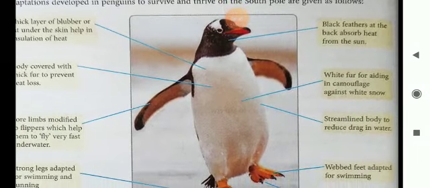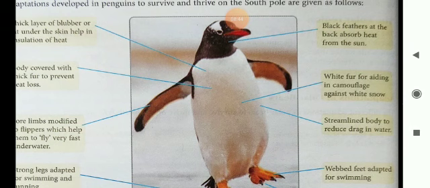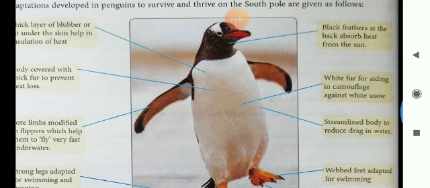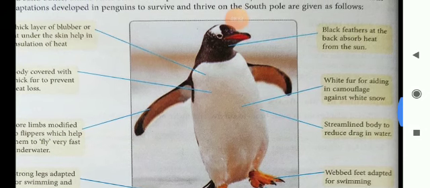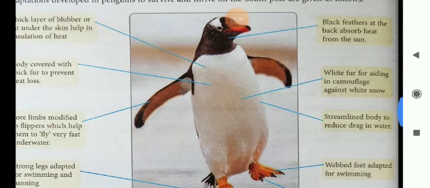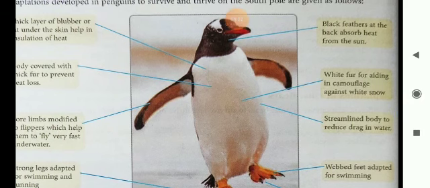Black feathers at the back absorb heat from the sun. The back portion is black colored which absorbs heat from the sun, and white fur aids in camouflage against white snow. The front part is white in color, which helps them in camouflage against white snow.